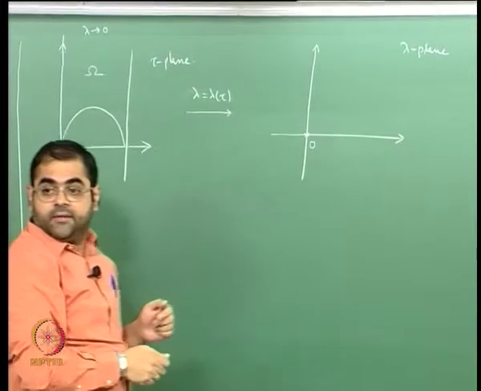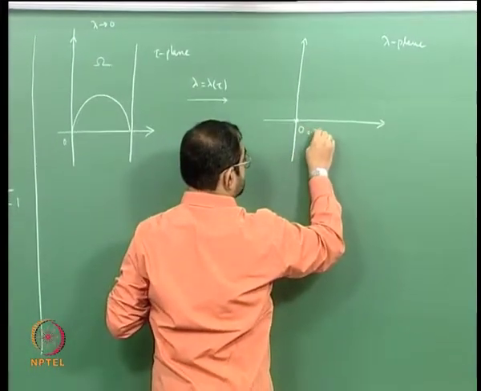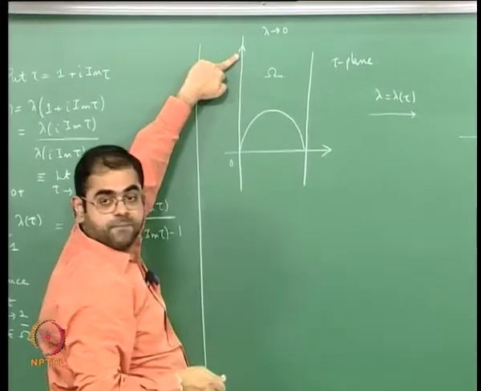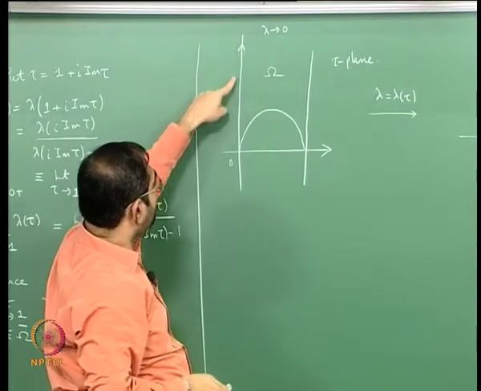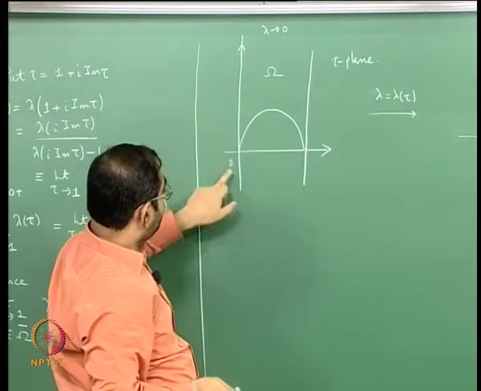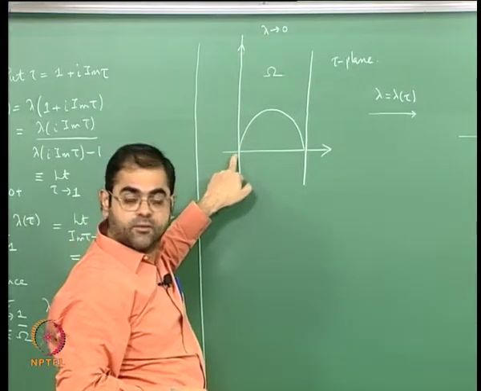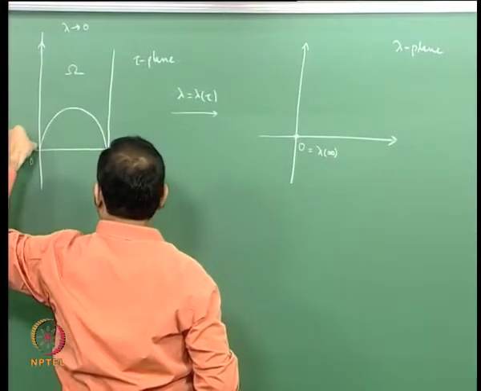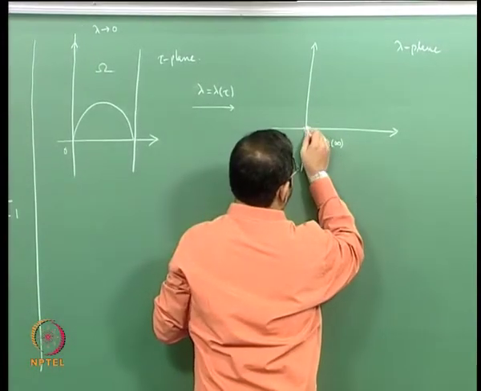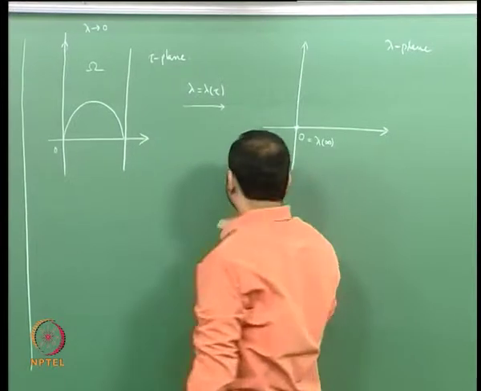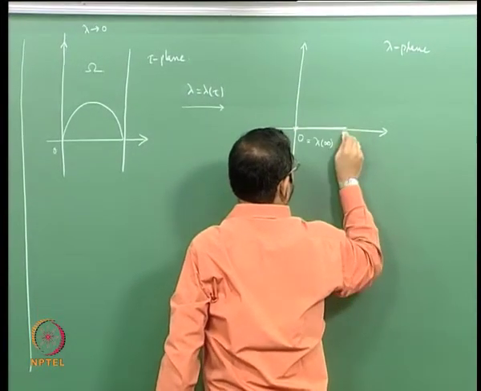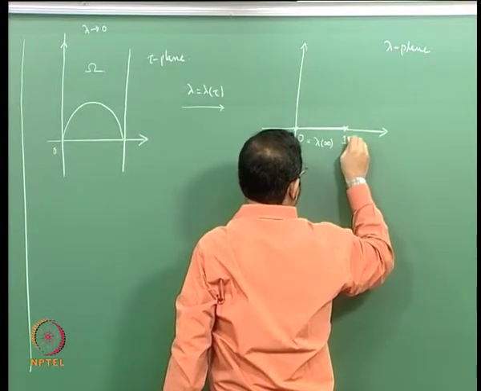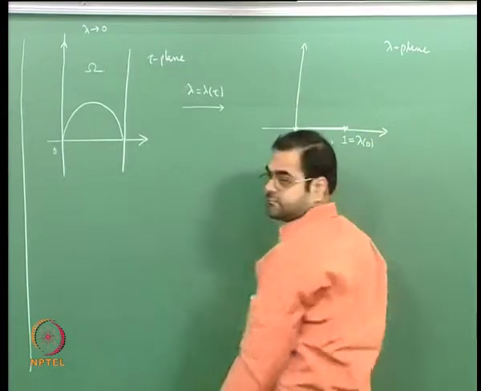This is lambda of 0, this is lambda of infinity. Then if I come down along this line from the point at infinity, as tau approaches 0, lambda approaches the value 1. By continuity, and since lambda is real on this line, you will trace a portion of the real axis and reach the point 1, which is lambda of 0.